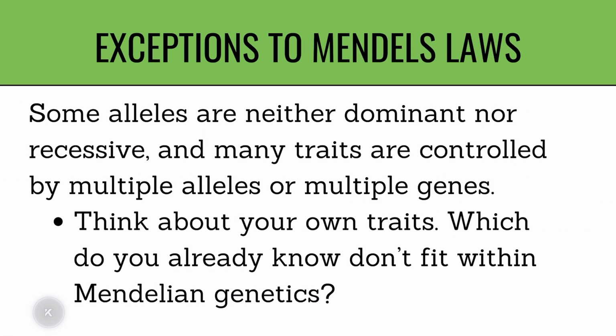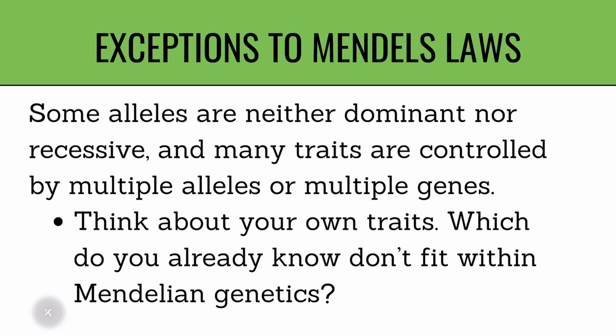So there are some exceptions to Mendel's laws. Some alleles are neither dominant nor recessive, and there are several traits that are controlled by multiple alleles or multiple genes. So think about your own traits. What do you already know that doesn't fit within Mendelian genetics? What traits can you think of where you don't just have this or this, where you have more than 2 options?